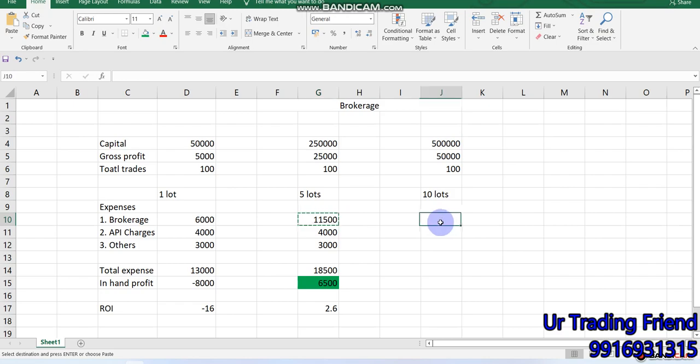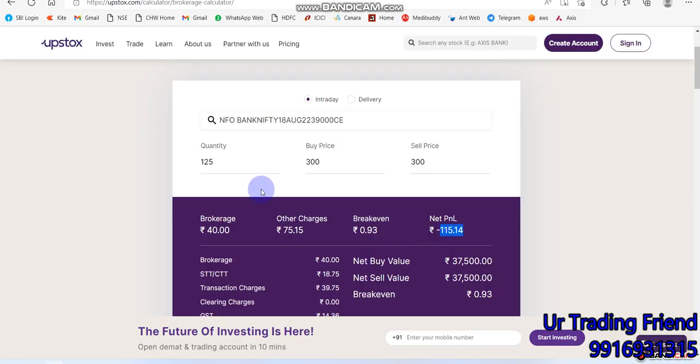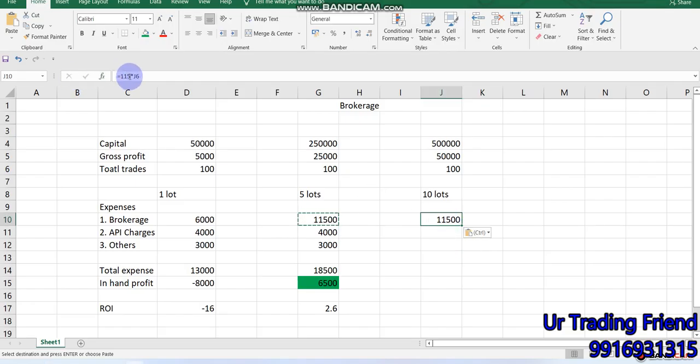So this will be the brokerage. We'll do it for 250 quantity, 10 lots. Brokerage will be 183 rupees. That we will change to 183 into 100, that is 18,000. Your brokerage has increased for 10 lots, but your API charges remain the same, your algo charges, internet charge and other expenses remain the same.